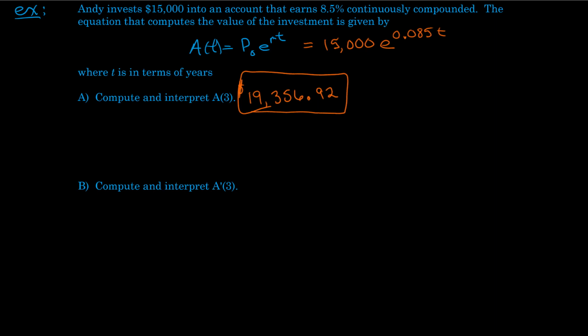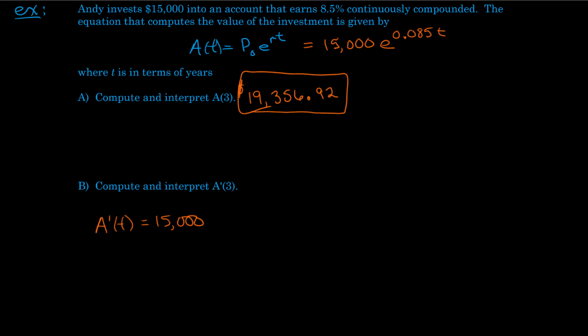We're then asked to compute A prime at 3. Okay, so A prime of t, I'll do that first, is going to be 15,000, because that's just a coefficient. It comes along. Now I need to take the derivative of e to the 0.085t. This is going to be a chain rule again.